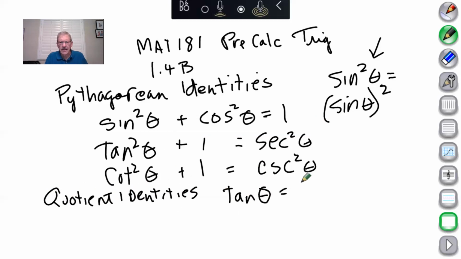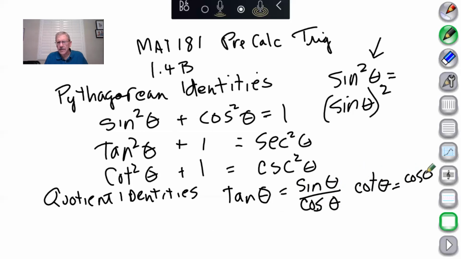It is equal to the sine theta over cosine theta, which means it's sine theta divided by cosine theta. And likewise, its buddy, the cotangent theta, is the reciprocal: cosine theta divided by sine theta.